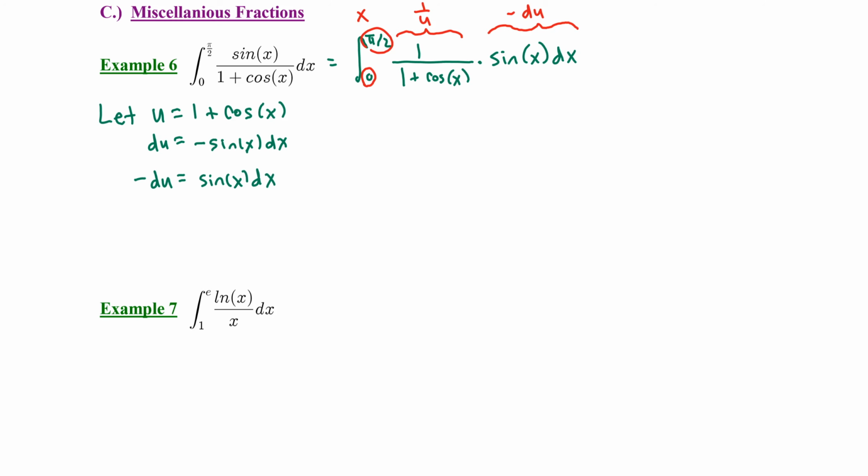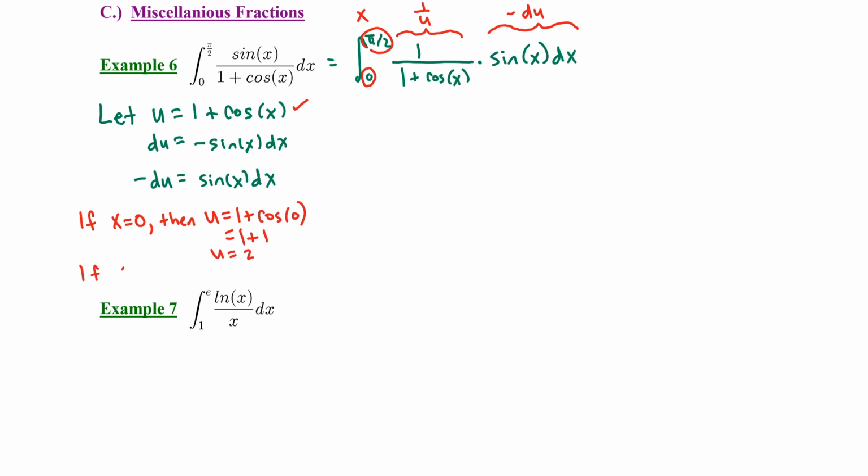Instead of using the stars, you can simply update those limits of integration. For example, we can say if x equals 0, then using this equation, u is 1 plus cosine of 0. We know that cosine of 0 is equal to 1, so when x is 0, u is 2.